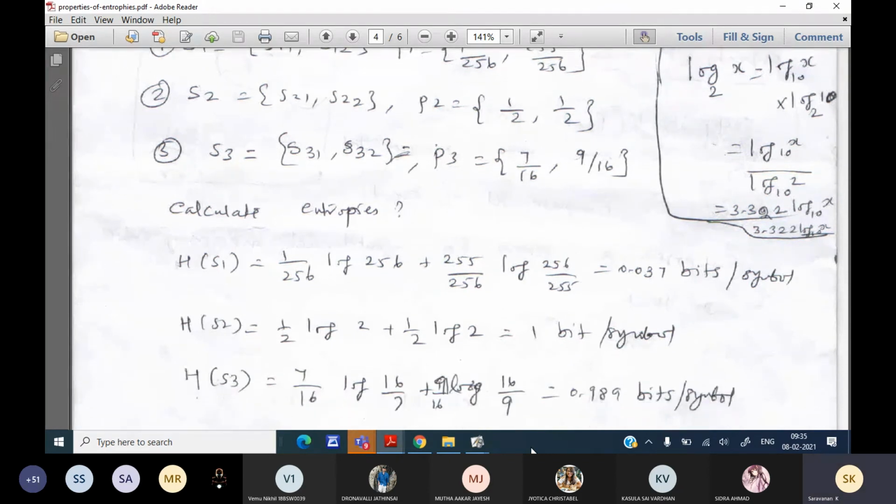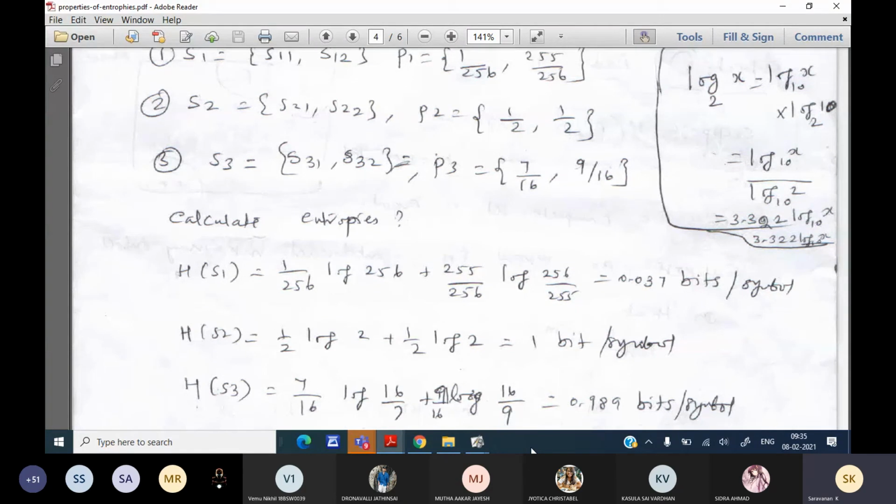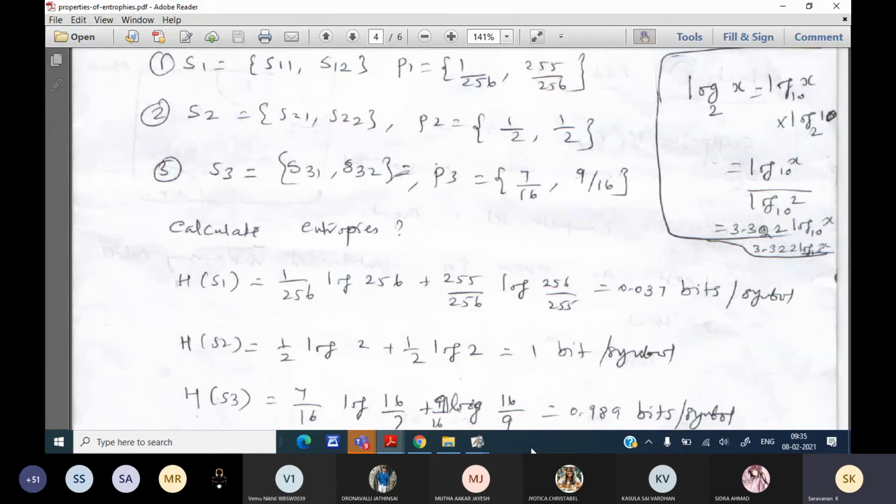Have you got these values? How many of you have completed?